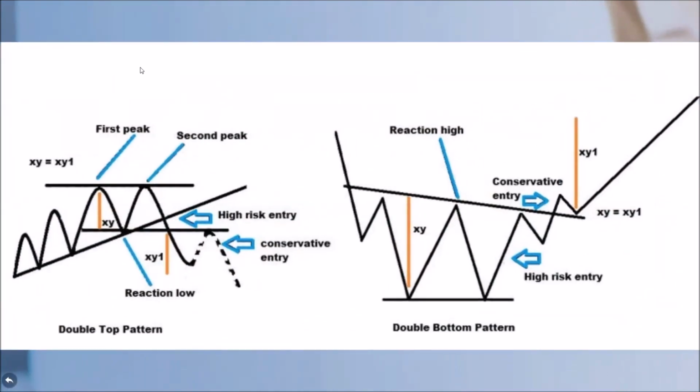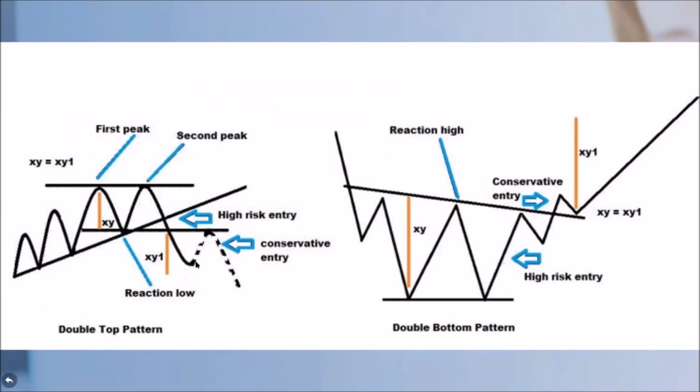You can see here a little look at a double top and a double bottom pattern. This pattern is part of an ascending triangle, and it hits the first peak, bounces off the reaction low, hits the second peak. Here they show a high risk entry because, again, 64% of them fail to break out, so it's very risky.